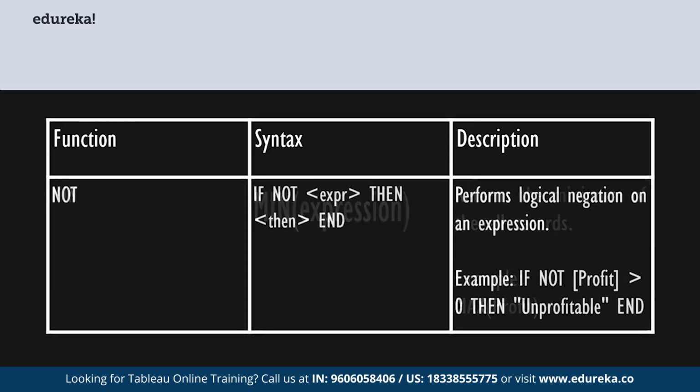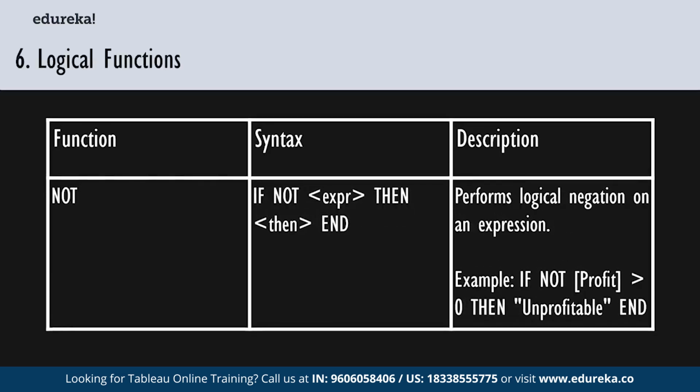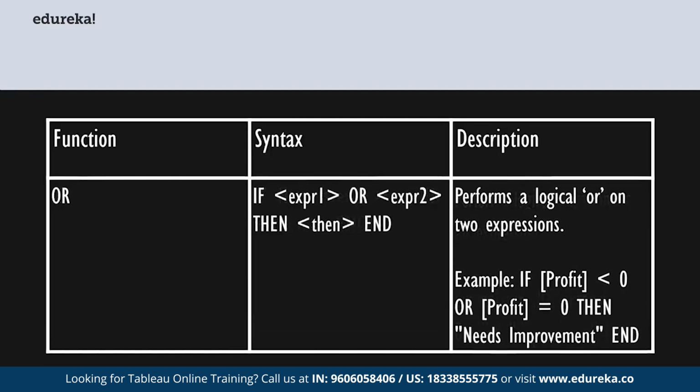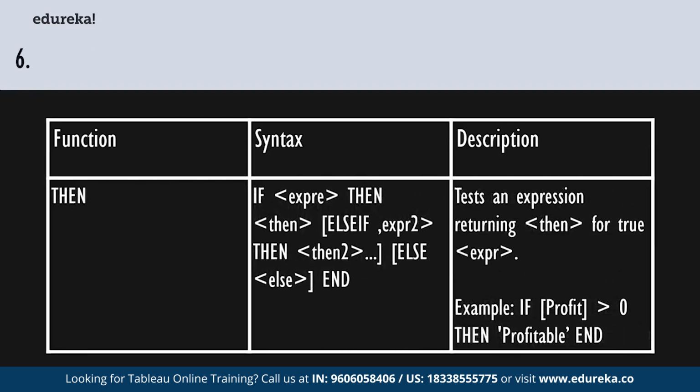Then you have the logical not, which performs logical negation on an expression. So basically, if the field you have put in does not fulfill the condition, then it gives you the corresponding result. Then you have the logical or, which basically means that if you have put in 2 conditions, either of them has to be true, then it will give you a result. Then we have then, which we have discussed before.